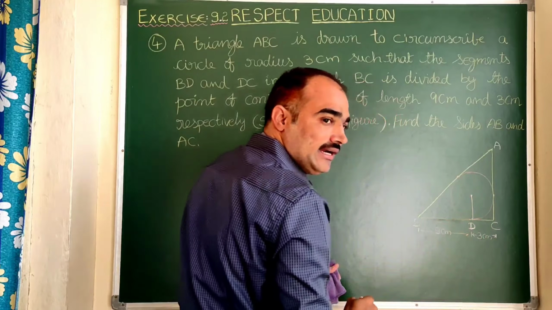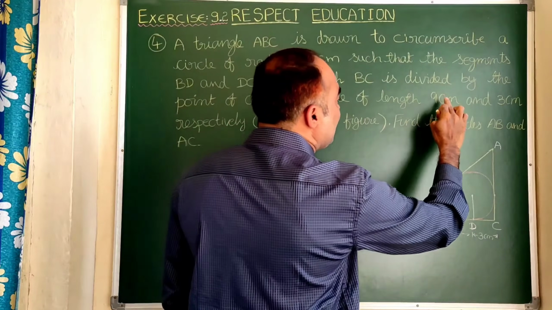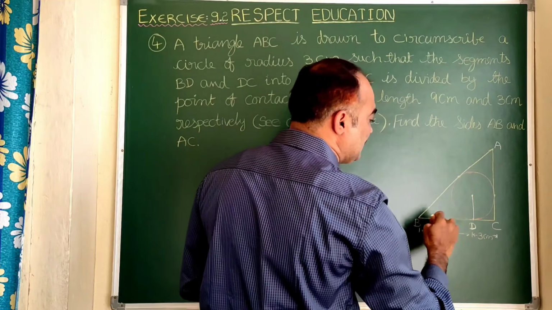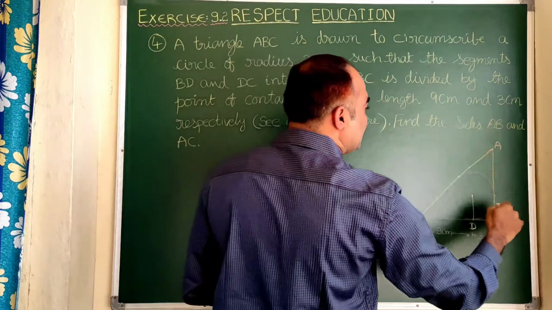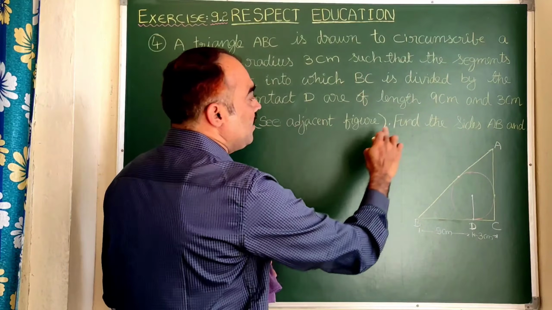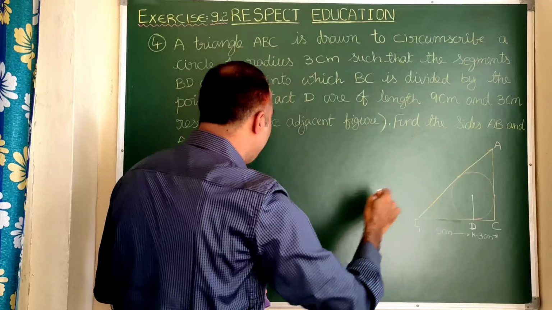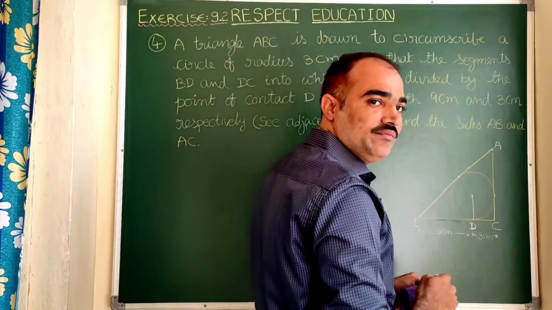D is the point of contact, BD is 9 cm and CD is 3 cm. Find the sides AB and AC.